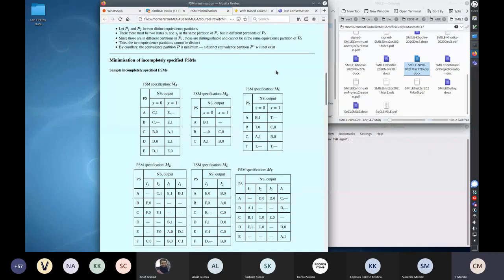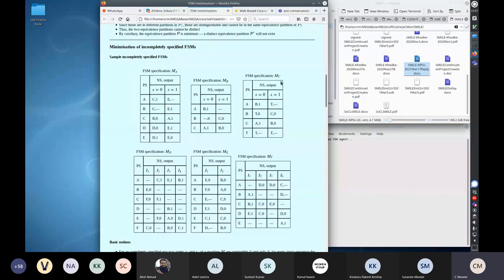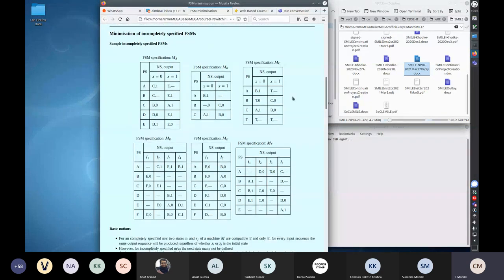So here are some examples of incompletely specified FSMs. And as you can see, the next state and also the output may be unspecified in any combination.